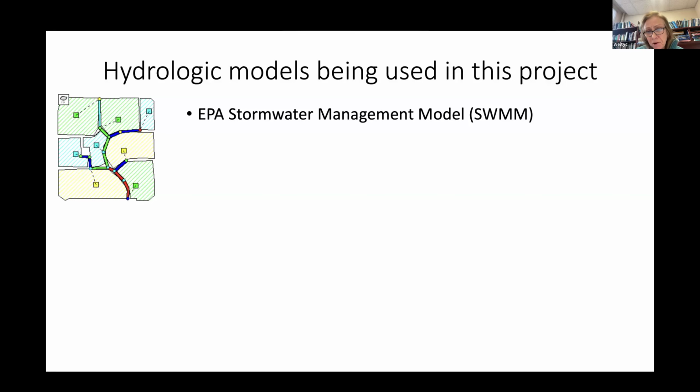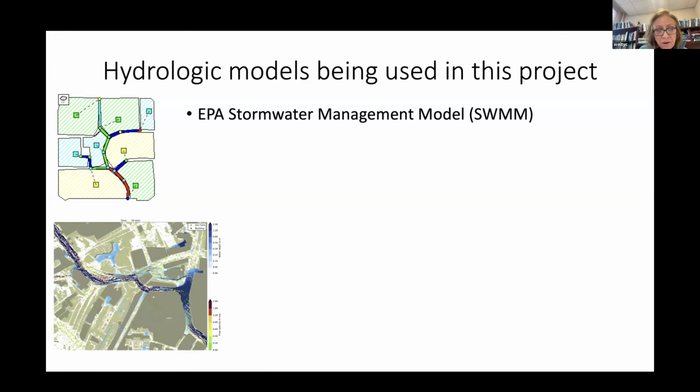It started out as a pipe flow model, a hydraulic pipe flow model, and since then it has evolved over time to have hydrologic components tacked on as well. Our experts in this area are James Hunter at Morgan State and his students, and Shirley Clark at Penn State and her students, and there are likely other folks that are also using this in their work. But on our current team, those are the two leads that we know about.